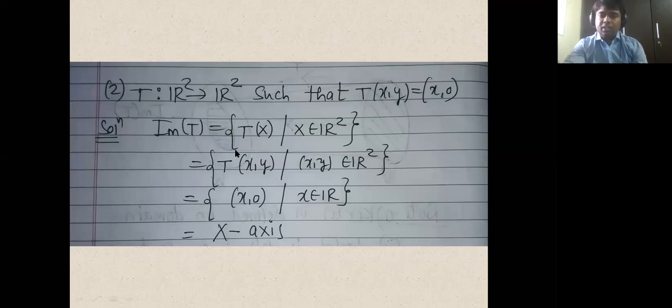Apply the definition of T: T of (x, y) such that (x, y) belongs to R2, which equals (x, 0) such that x belongs to R. Now what is the geometry of this space? It is the x-axis. So the image of this linear transformation is the x-axis.